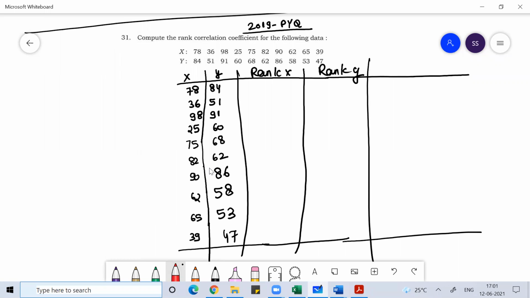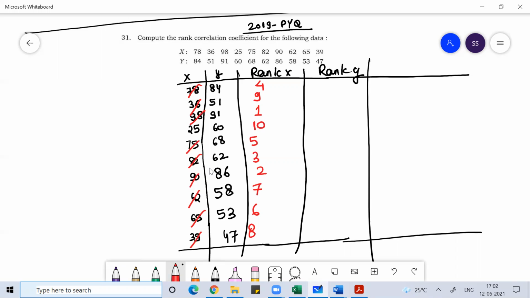For X, the highest one is 98, rank 1, followed by 90, rank 2, followed by 82, rank 3, then 78, rank 4, then 75, rank 5, then 65, rank 6, 62, rank 7, then 39, rank 8, 36, rank 9, and 25, rank 10.